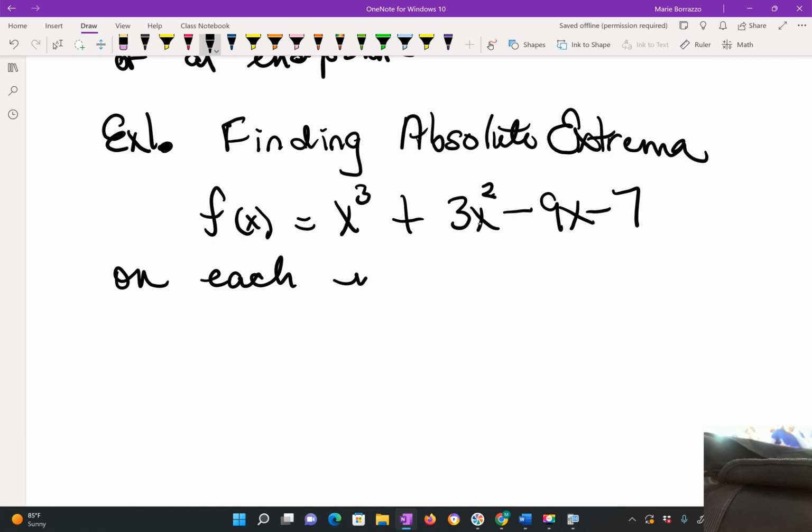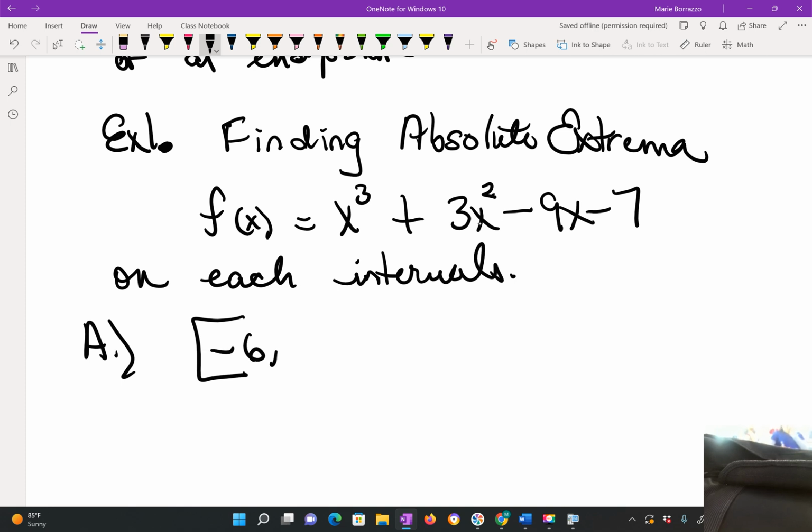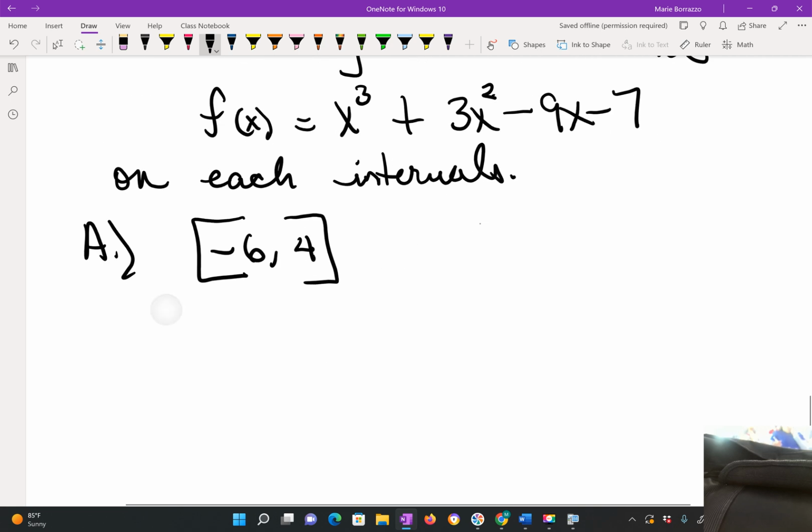So on each interval, this is where you're going to either get this or you're not. So pay attention. I'm going to start with the first interval. So in part A, they're asking us to find it between the interval where x is -6 and +4. So let's take this.